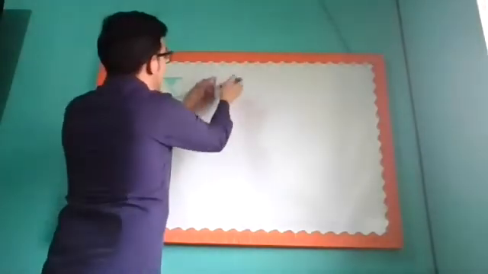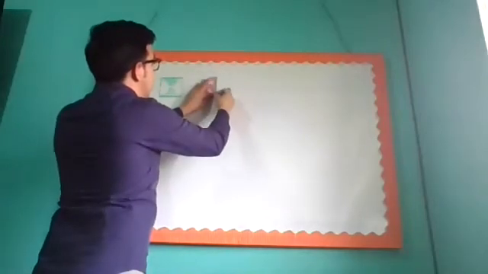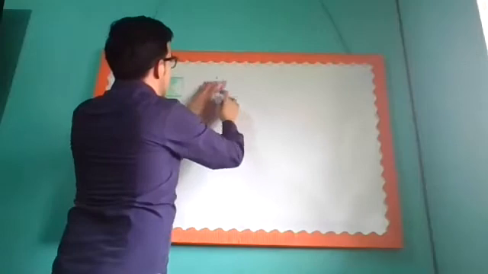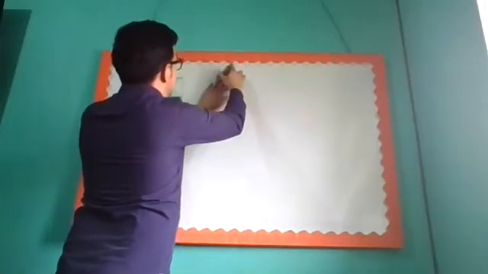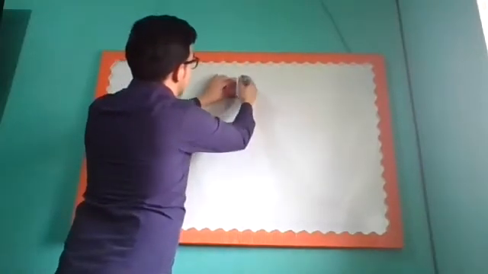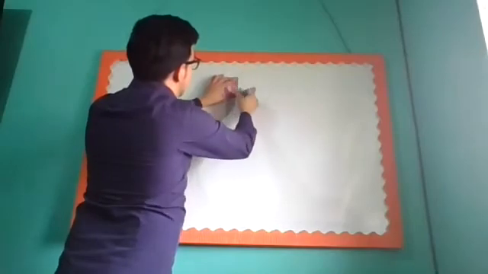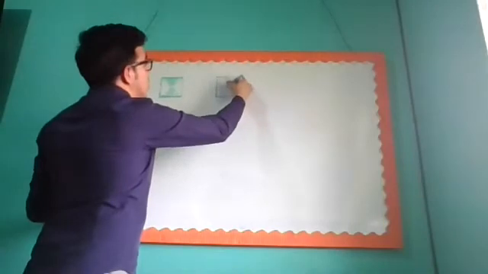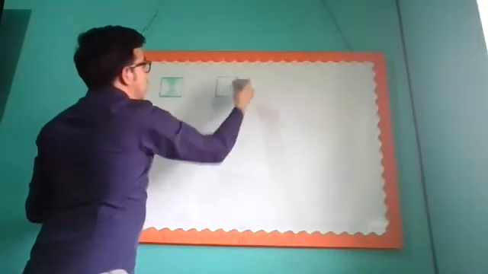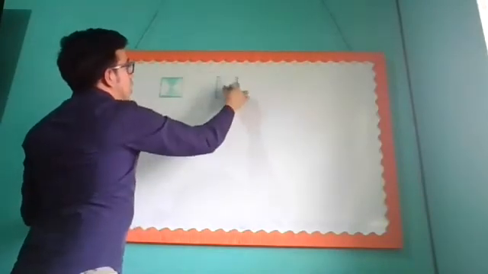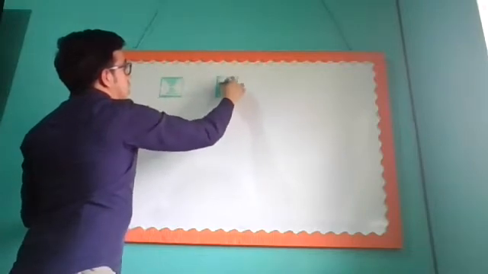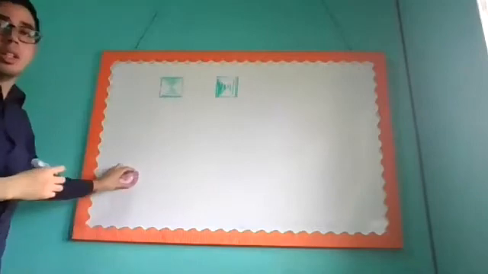I need to draw the other figure to show you. Okay, so we have something like this, and now this part of the figure is going to be rotated. And it's going to appear something like this, okay?